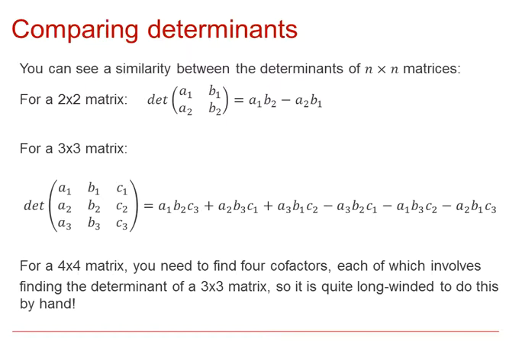For a 4 by 4 matrix, you would need to find 4 cofactors, each of which involves finding the determinant of a 3 by 3 matrix, so it's quite long-winded to do this by hand. And you can see the advantage of a calculator or other computer method.